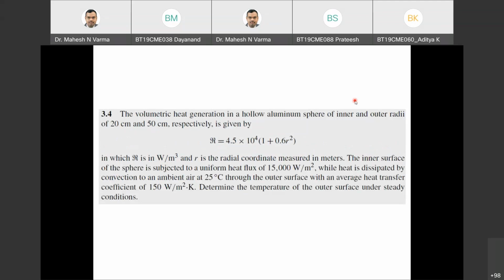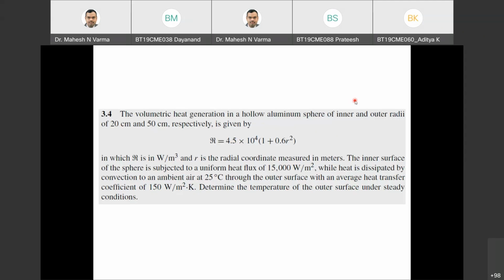Everybody take down this given data. This is also based on interface flux in heat transfer. Most of the problems are solved on interface flux in heat transfer because it is very easy to understand. That is what you need to know.